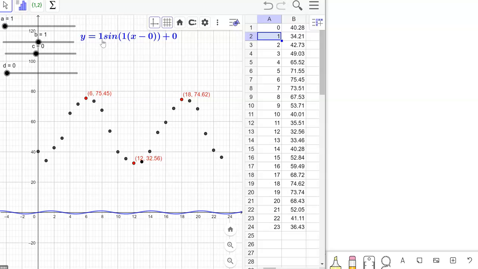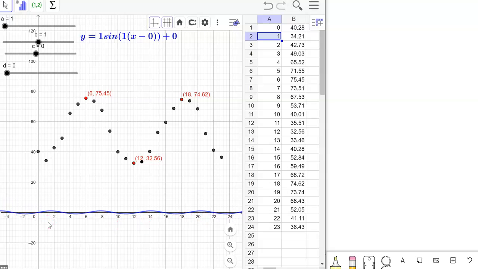So what we want to do is then take this graph and try to make it fit the dots that we have. Right, so the first thing we're going to try to do is see how much vertical shift we have. Clearly this graph has a vertical shift because a typical sine graph would have gone below the x-axis, and here the x-axis is along this typical sine graph.